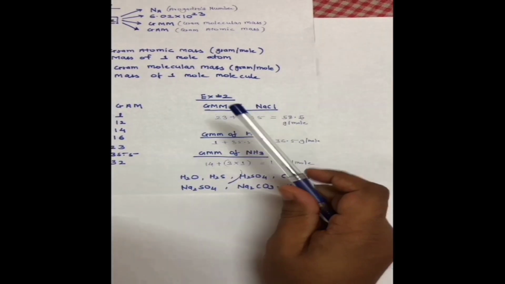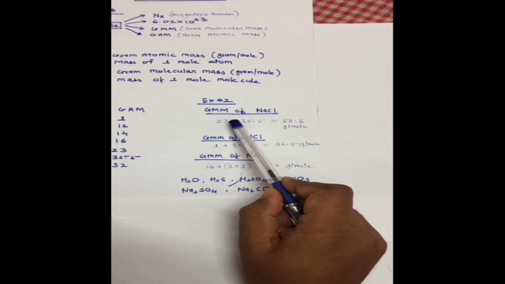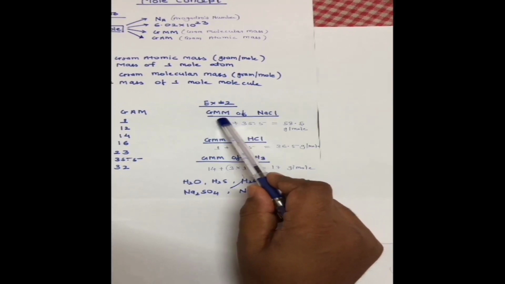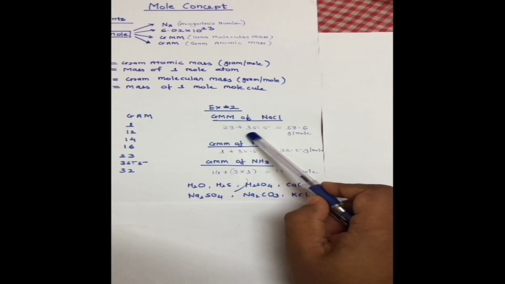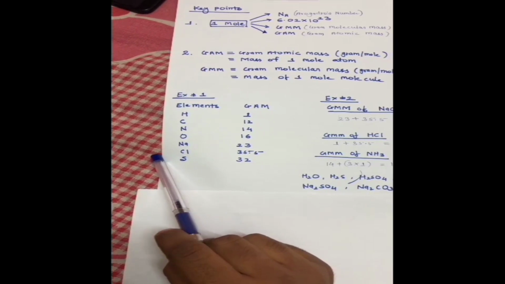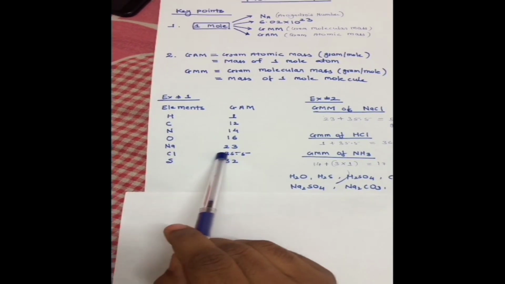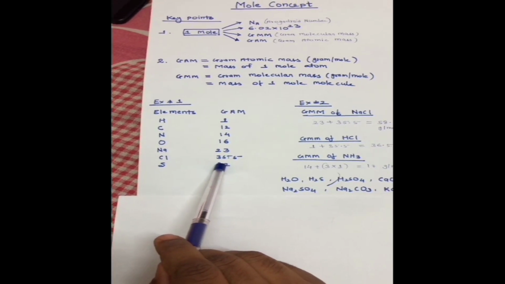Just take the gram atomic mass of sodium, that is 23, and the gram atomic mass of chlorine is 35.5.